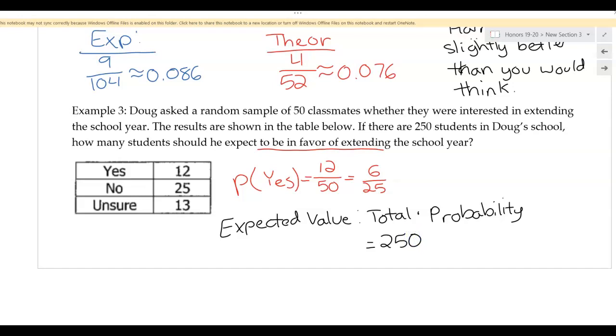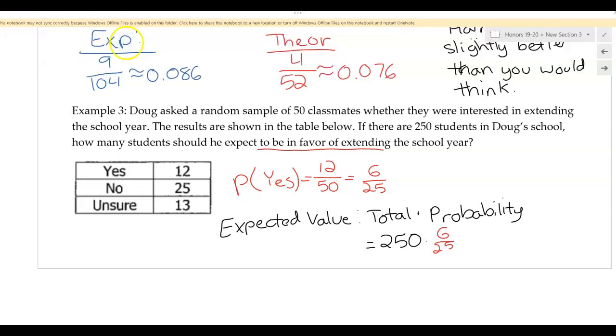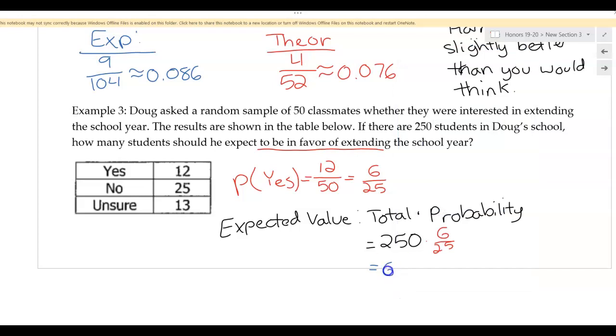And our probability we just found to be 6 out of 25. And we get 250 times 6 out of 25 is 60. So I would expect, if I ask all 250 students, that 60 people would say yes, I'm in favor.